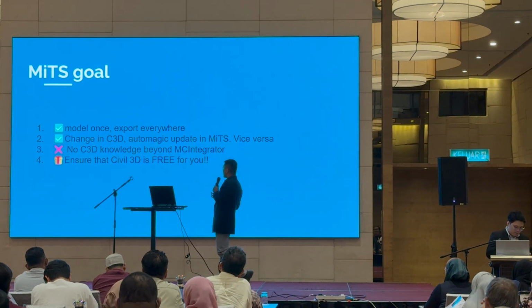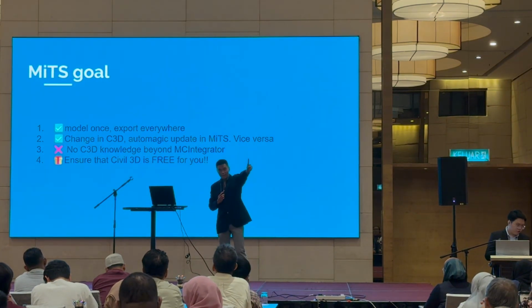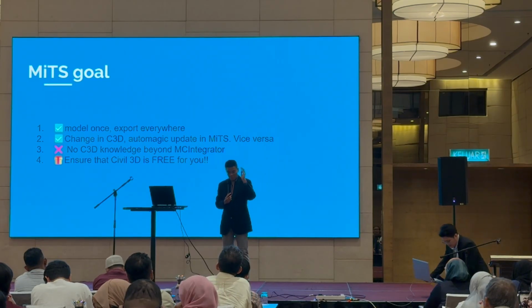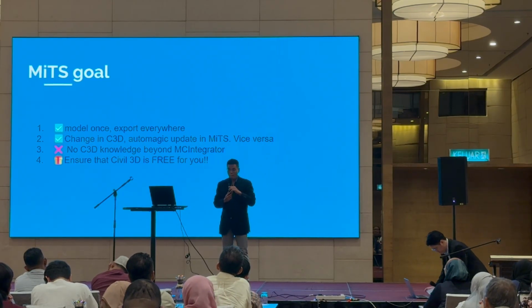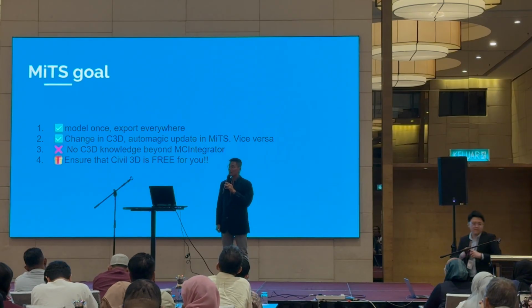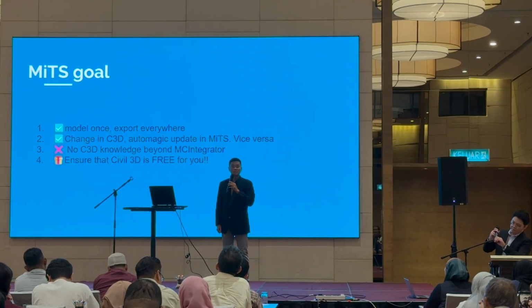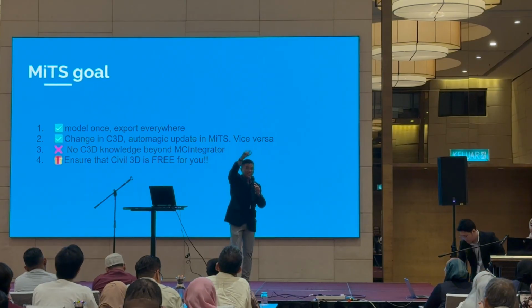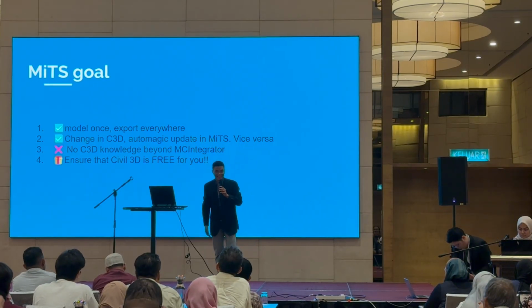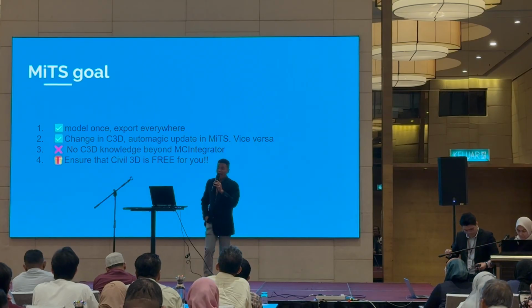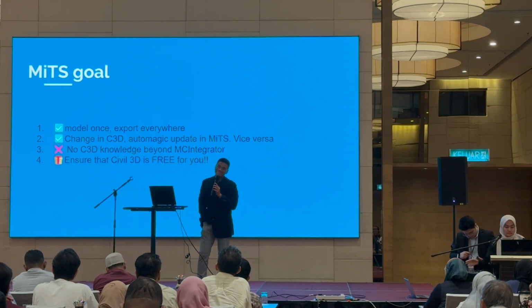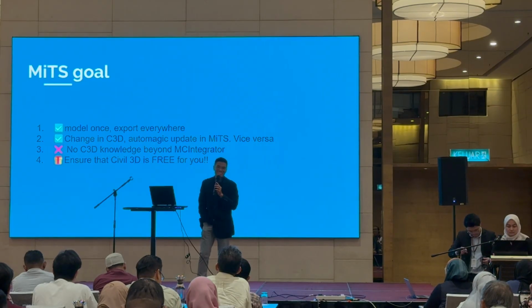Our idea is that we want to model it once only. Right? If you model in MiTS, you do not have to know anything about swap parts. Anyone of you know what is swap parts? Okay, that's good. You do not have to know about swap parts, okay? Right? And you do not have to know about band sets. Anyone know what is band sets?